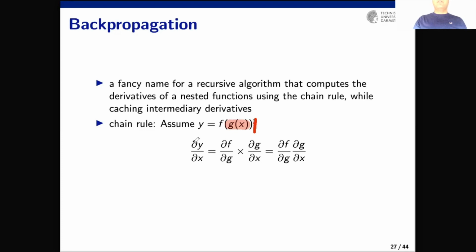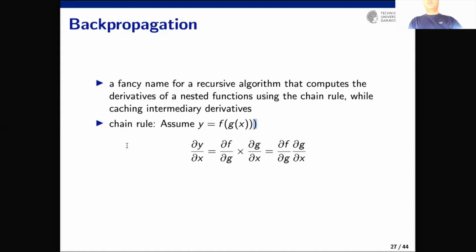So we say that the derivative of y, or f, with respect to x equals the derivative of f with respect to g multiplied by the derivative of g with respect to x, which can be written like this as well, right? When we do not put anything here, it means multiplication, right? So yeah, this is the chain rule.